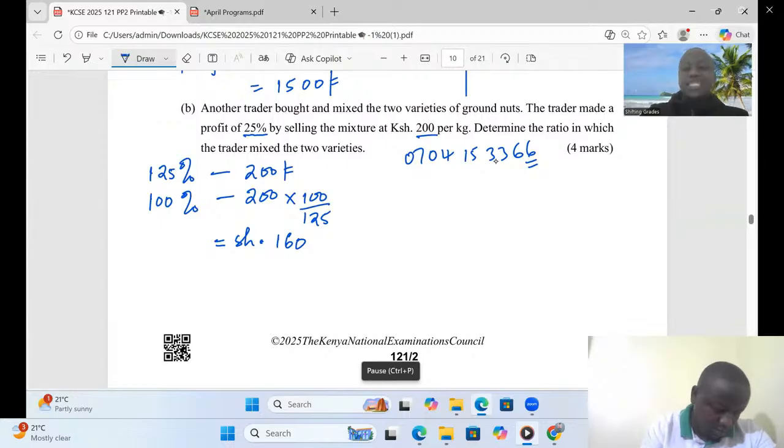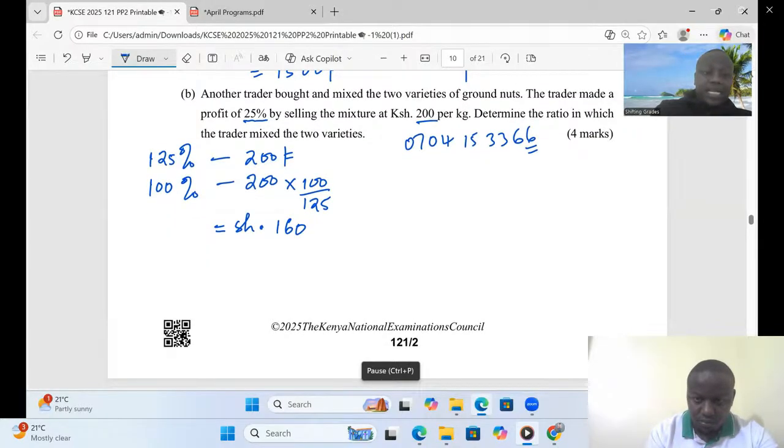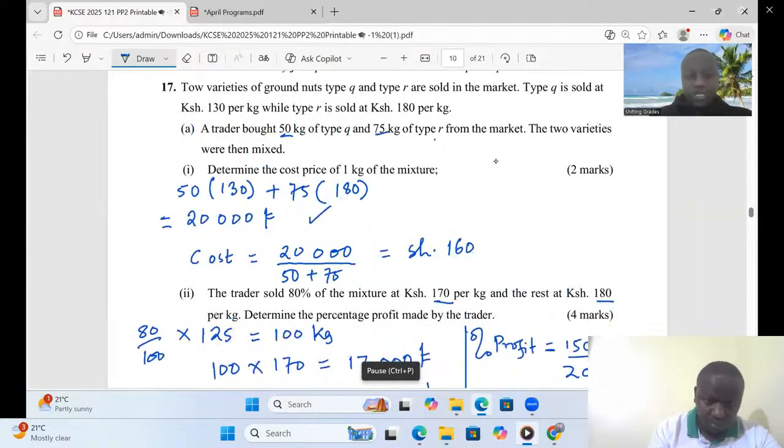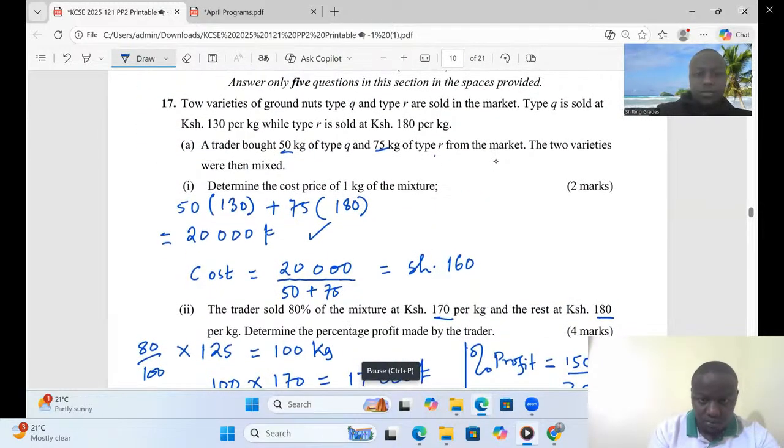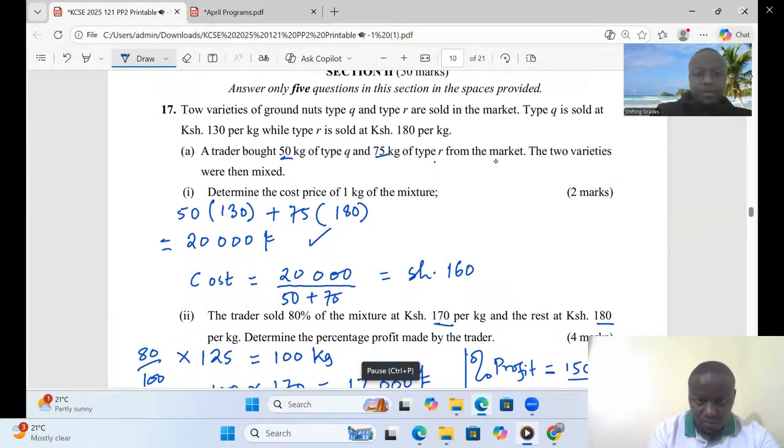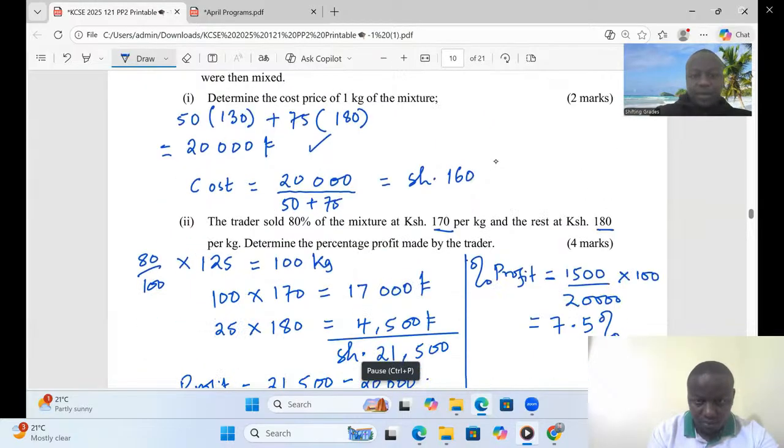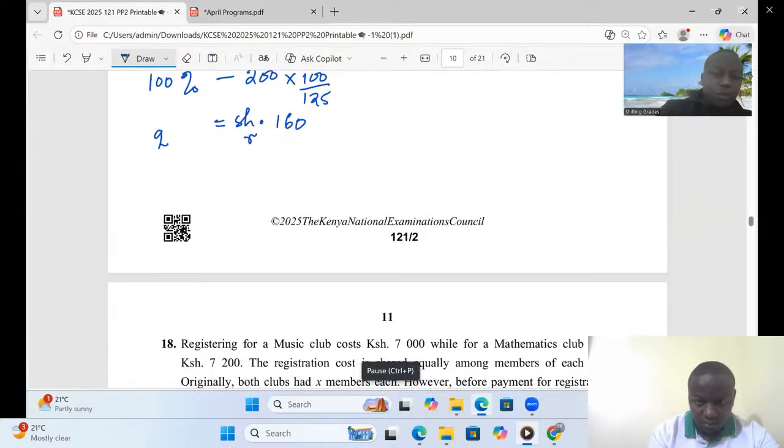So what is the mixing ratio? We can use the cross formula, though methods are many. Type Q is costing 130, the other one, type R, 180. Then the mixture is costing 160.